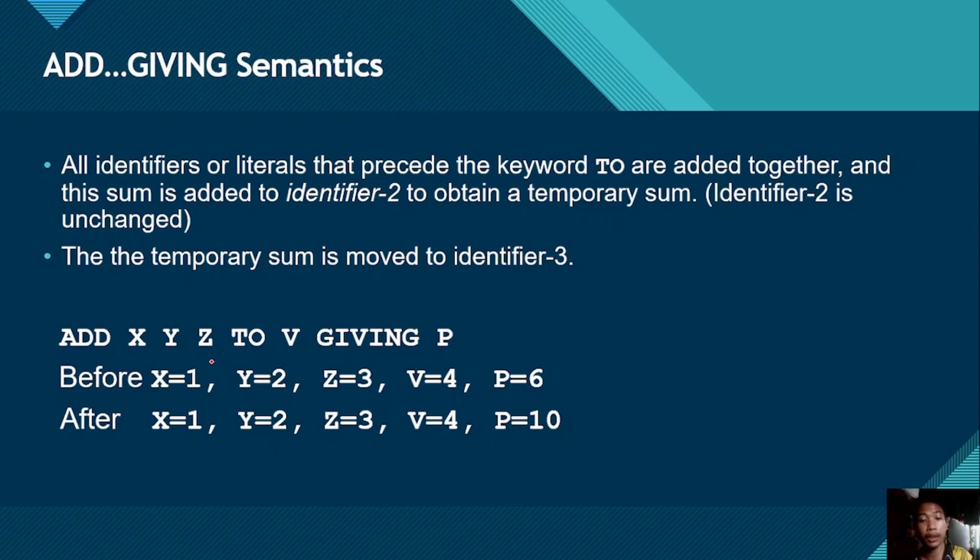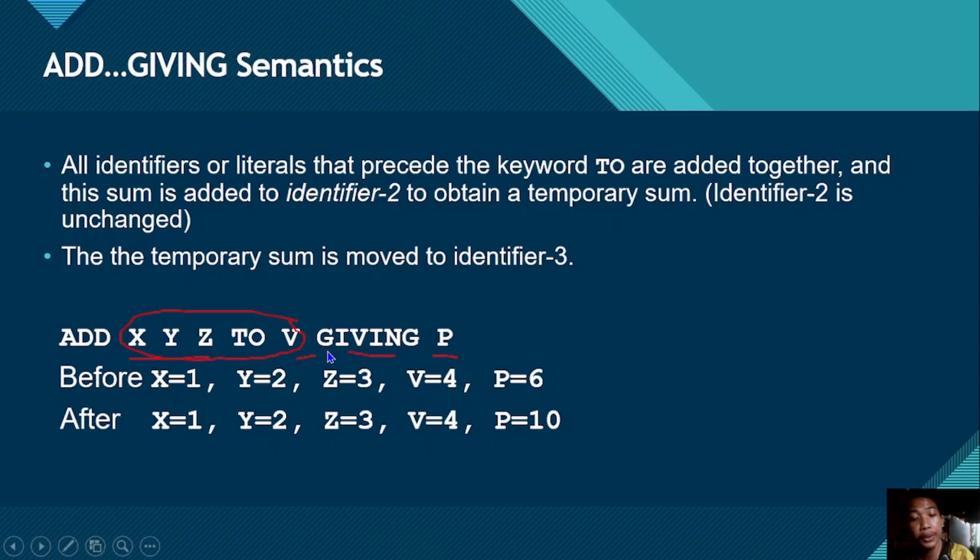So by adding GIVING to p, meaning to a new variable, so if we add x, y, z to v, and give it to p, it is just like equals p, so p would have the sum of these variables. Example, 1, 2, 3 plus 4, it would return 10. So if we are not using GIVING, it would be stored to v.